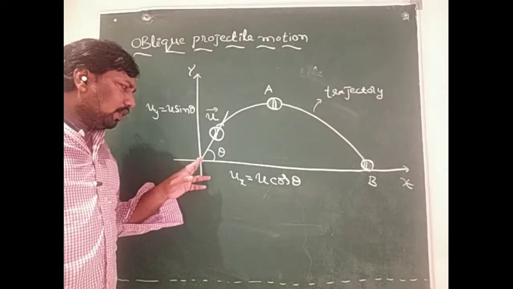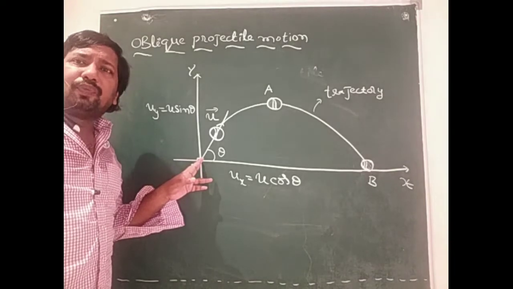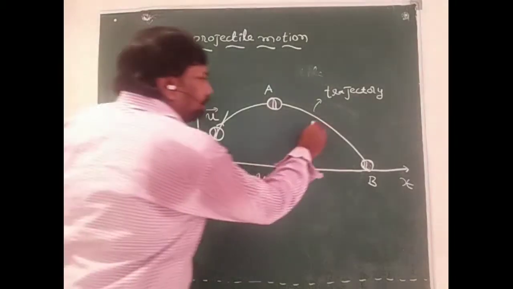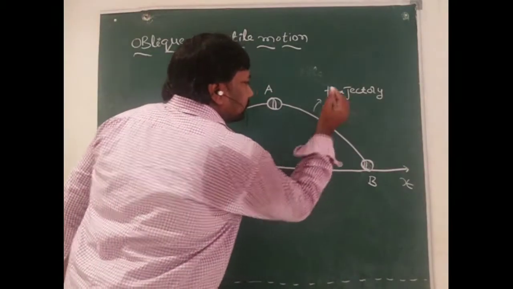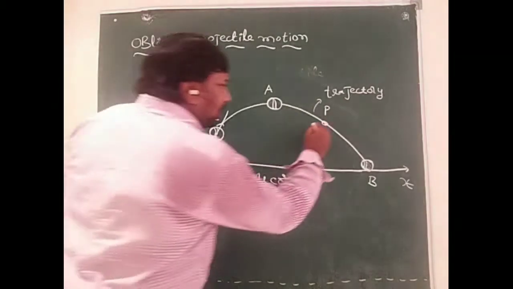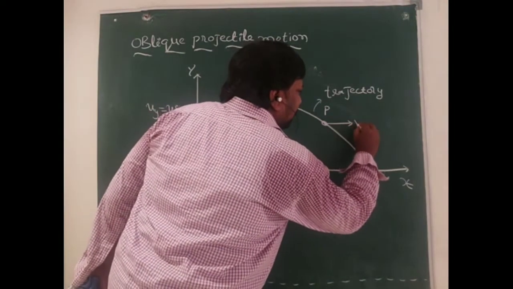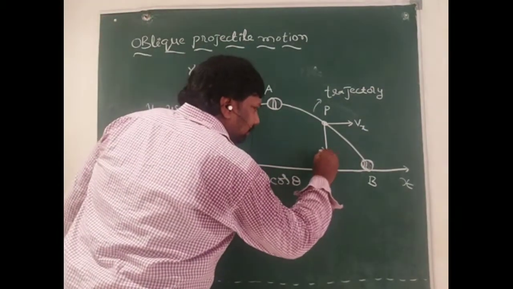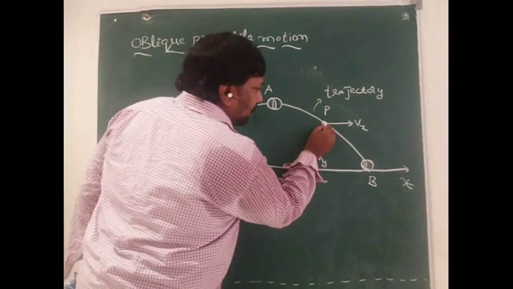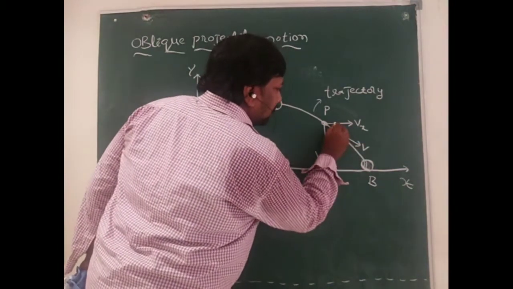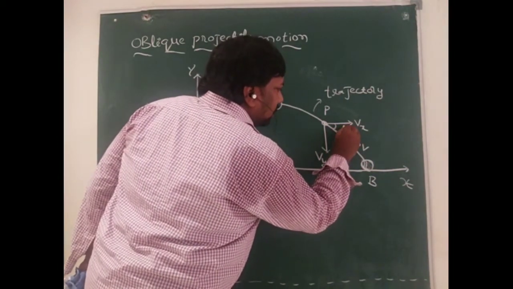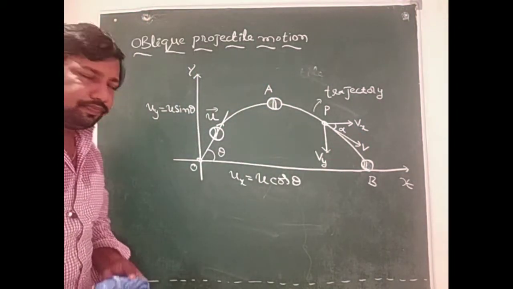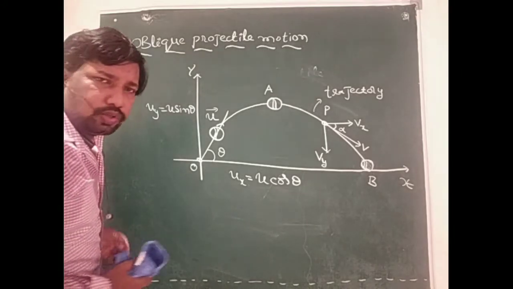Now with respect to origin, after time t seconds, the projectile reaches some point P. Here its final horizontal velocity is vx, and the resultant velocity v makes an angle alpha with the x-axis. Okay.